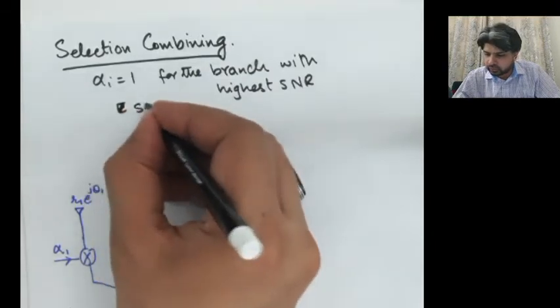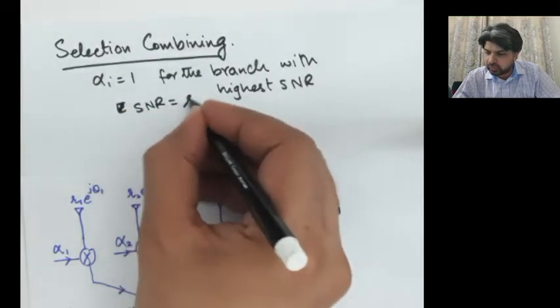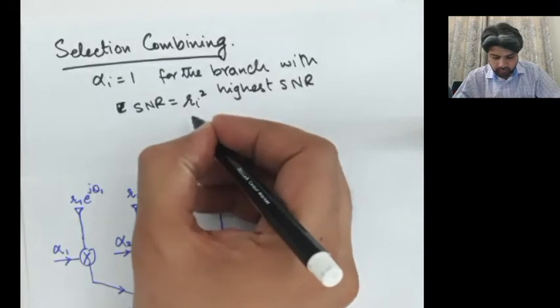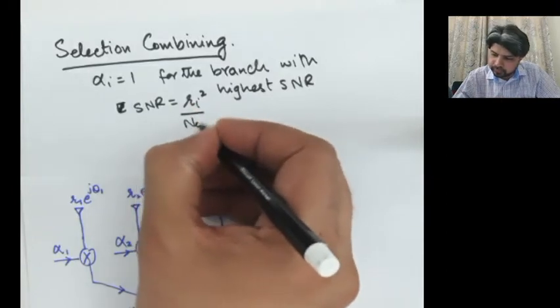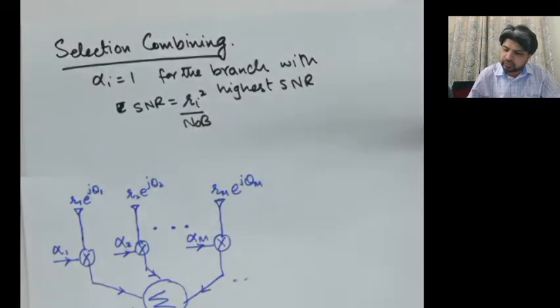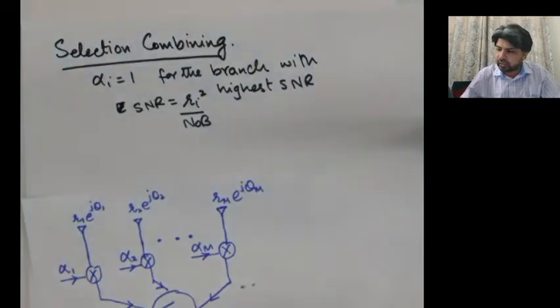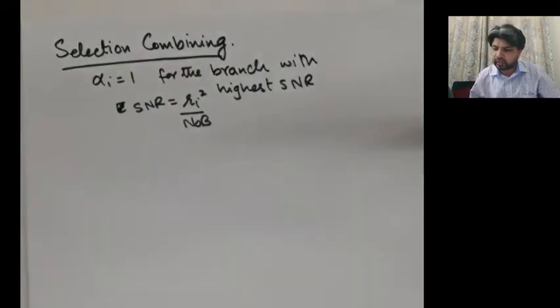Your SNR would be equal to Ri squared over N naught B. That would be your signal to noise ratio, where Ri is your received signal for the ith branch.